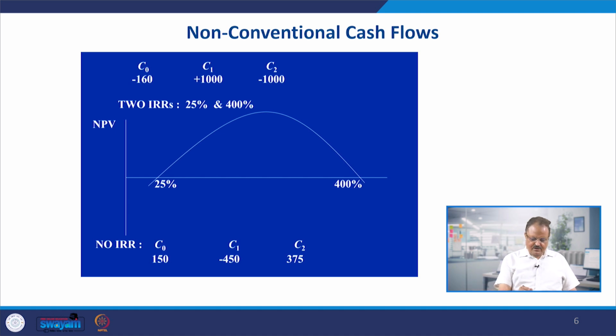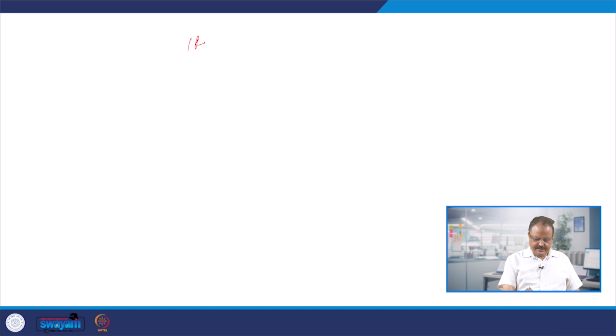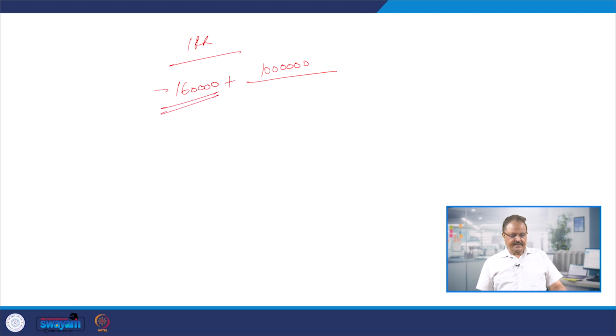For calculating the IRR for the non-conventional series, you have to understand it with the help of this cash flow stream. This is 1,60,000 rupees, a cash outflow, in the 0 period, so it is not to be discounted.